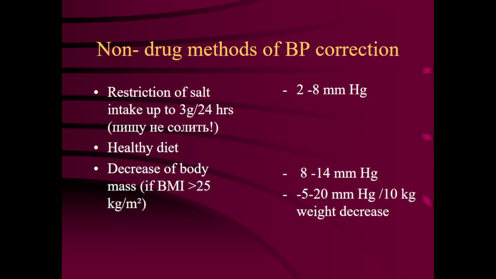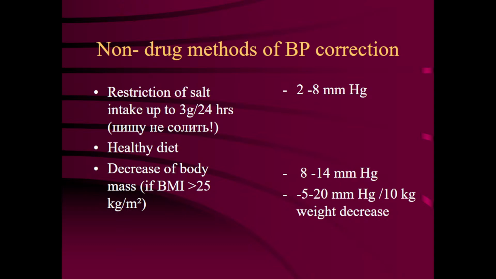A healthy diet without fatty food, salty food, preserves, for example, is also of great importance because cheese also contains too much salt, etc. Decrease of body mass is very important.